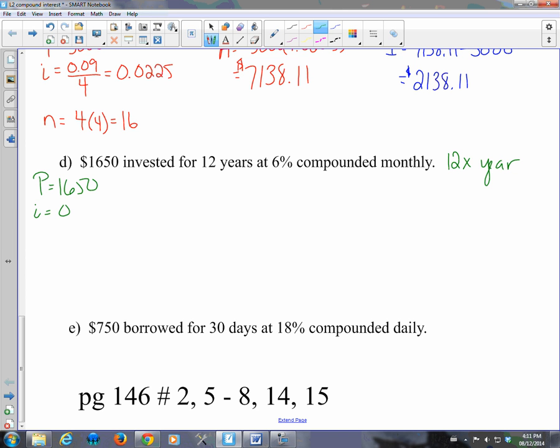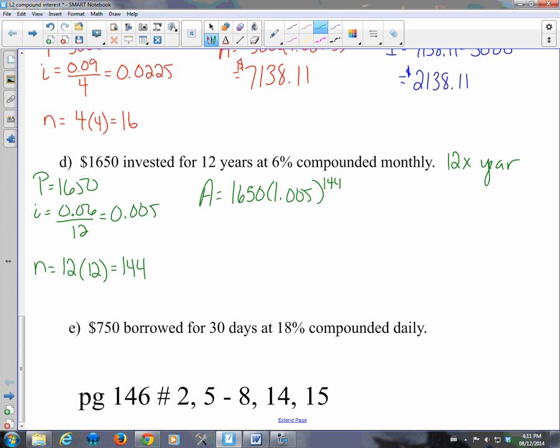Our interest, 0.06 divided by 12, 0.005, and time is 12 years, and 12 times each year means the interest is calculated 144 times in 12 years.